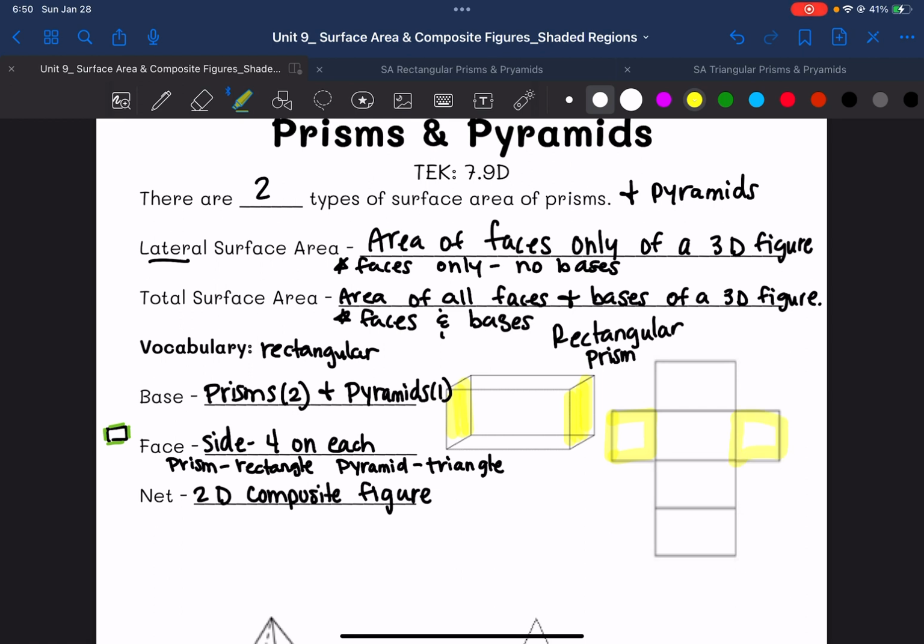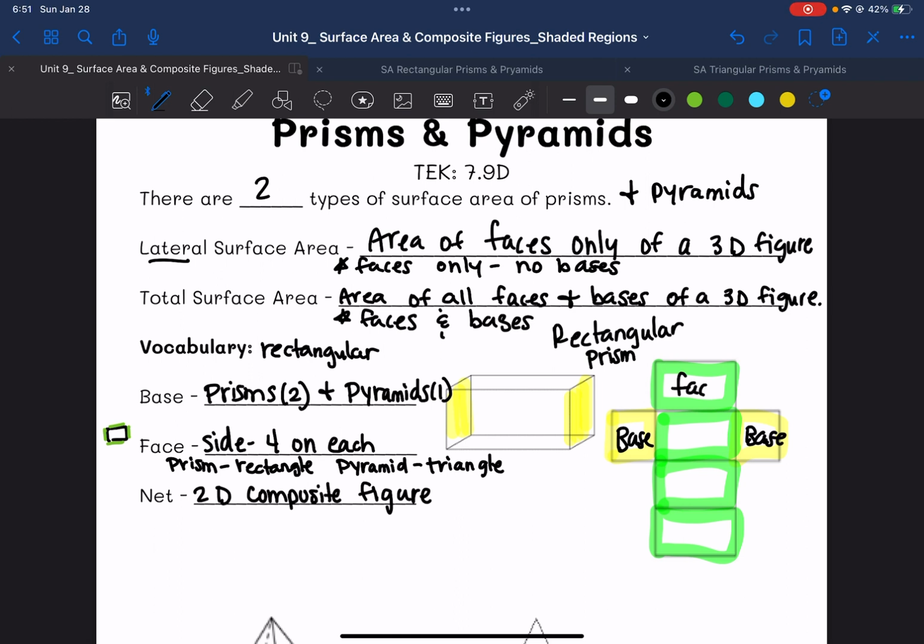Okay, and then everything else is a face. Okay, so let's go ahead and label those. Base here, face, face, face, and a face.